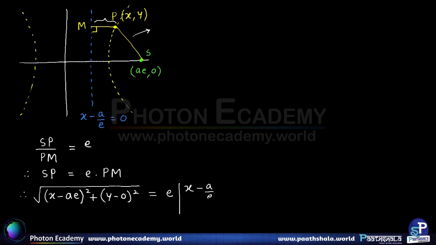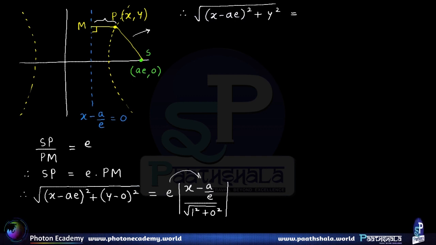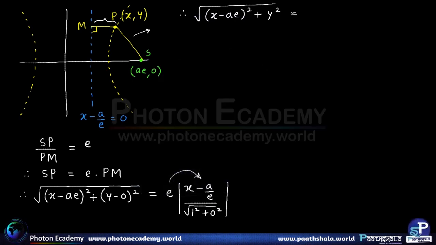So we write A upon E divided by root of x coefficient square, which is 1 square, and y coefficient square is 0 square. So therefore on simplifying we get x minus AE the whole square plus y square is equal to, now taking E inside the modulus because E is a positive quantity, we will have EX minus A on the right side.